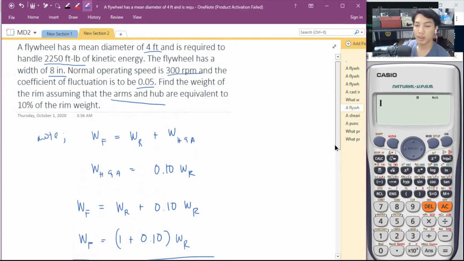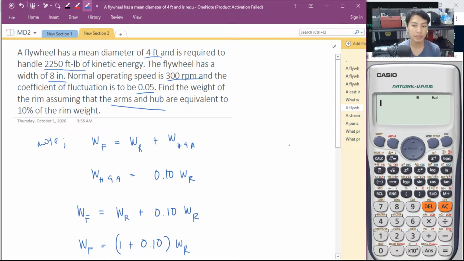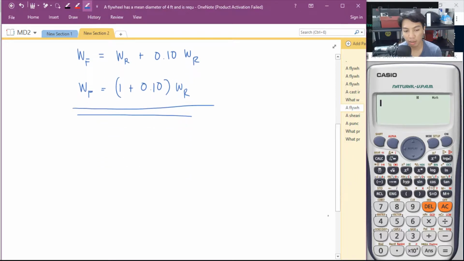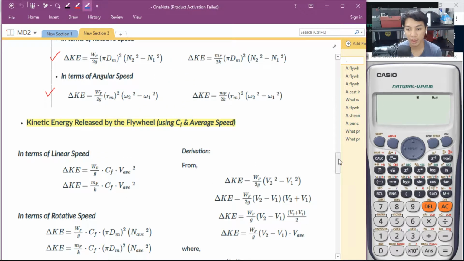And you are given there yung KE. Binigay na rin sa iyo yung DM. Binigay na sa iyo yung normal operating speed. Okay, pag normal operating speed, ibig sabihin that is the average speed. Okay? So, N average. Then, ano pa ba yung mga formula na meron tayo dyan? Di ba sinummarize ko yung mga formula na yan?